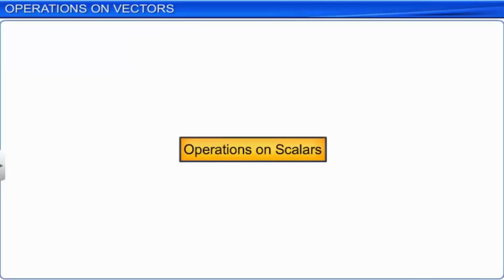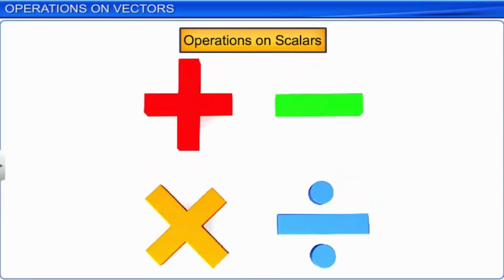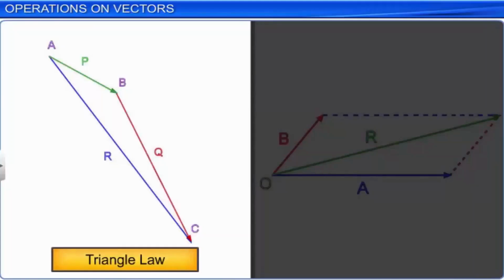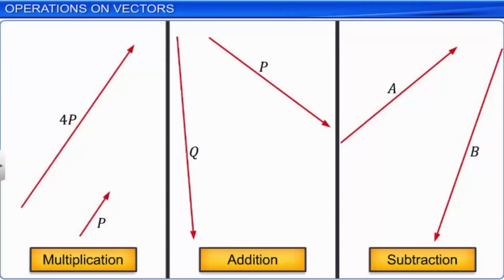Operations on scalars are the same as in elementary mathematics and algebra, whereas operations on vectors obey the triangle law and parallelogram law of addition. You will learn various operations on vectors one by one in detail.